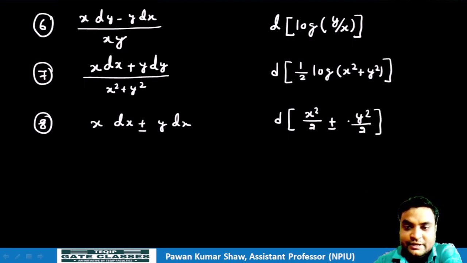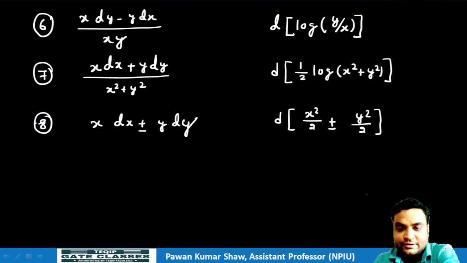We can see this if we differentiate: in that case you will get x dx plus y dy if it is plus, and if it is minus, then we can write d of x square by 2 minus y square by 2, because if you take this total differential, you get x dx minus y dy if the sign is negative.